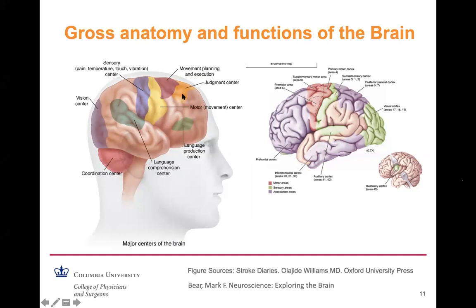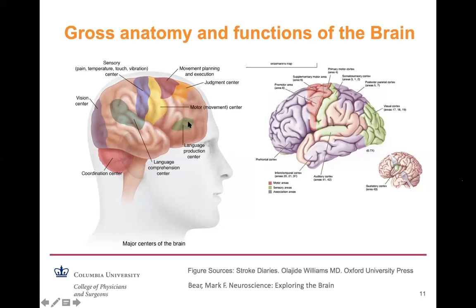And then there are some other parts of the frontal lobe that are involved in judgment. Further down, in the inferior part of the frontal lobe, is an area that's responsible for language production.